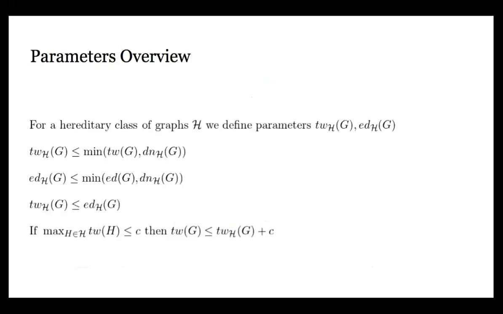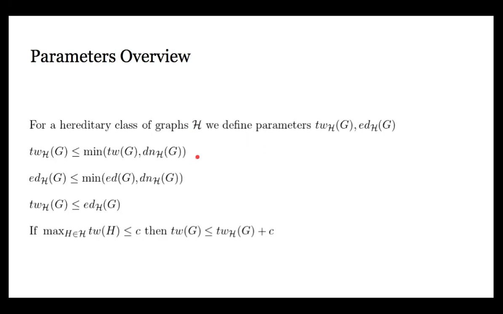All right, so let us make an overview of these class-aware parameters. For any hereditary class of graphs H, we can define the parameters H tree width, being the minimal width of a tree H decomposition, and elimination distance to H, being the minimal depth of an H elimination forest.